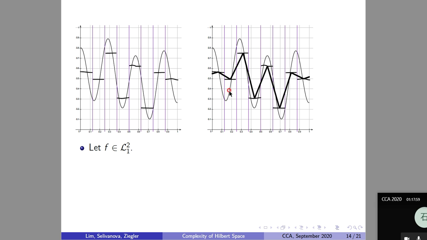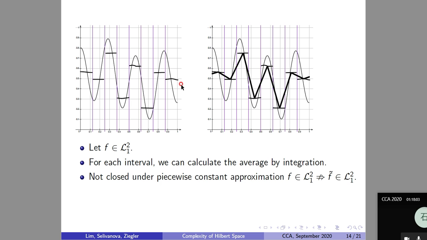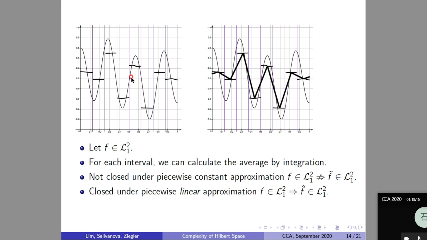These are two kinds of approximations where for each interval we calculate the average, but this space is not closed under piecewise constant approximation, but it is closed under piecewise linear approximation.